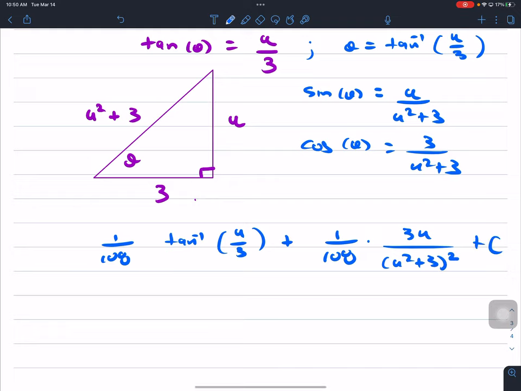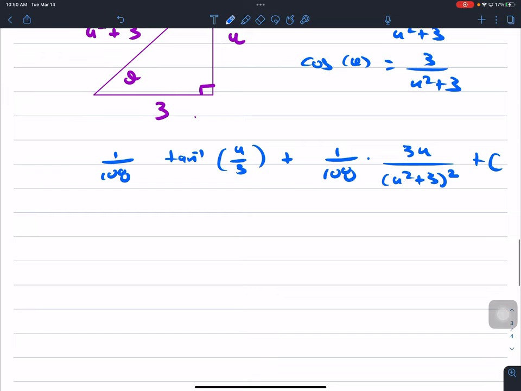3u over u squared plus 3 squared, plus that c. And then what happens with this 3? Do you guys know? Because it's divisible by 3. 1 over 108 inverse tangent u over 3 plus, what is that? 3 goes into 108 how many times? 3 goes into 10 3 times. 3, 6, and then 18, 3 goes into 18 how many times?